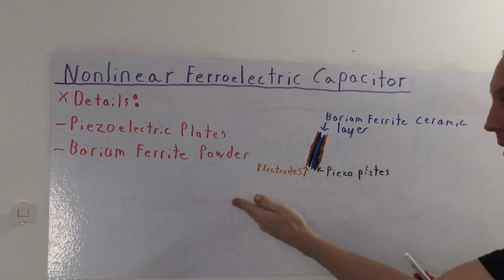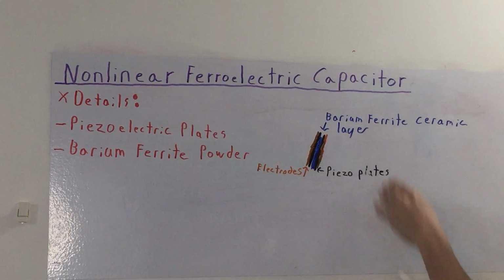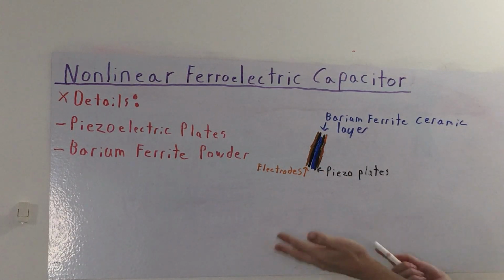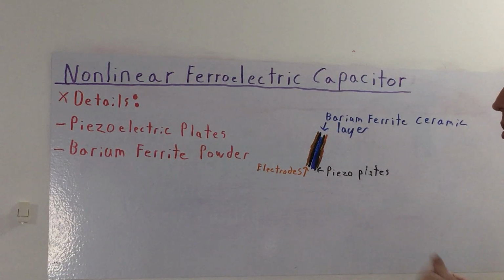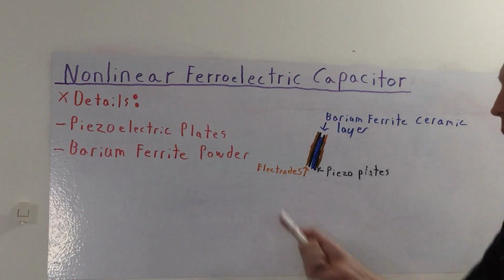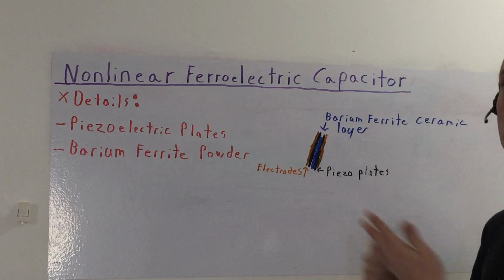The barium ferrite dielectric here uses barium ferrite, and it's a type of ferromagnetic material.